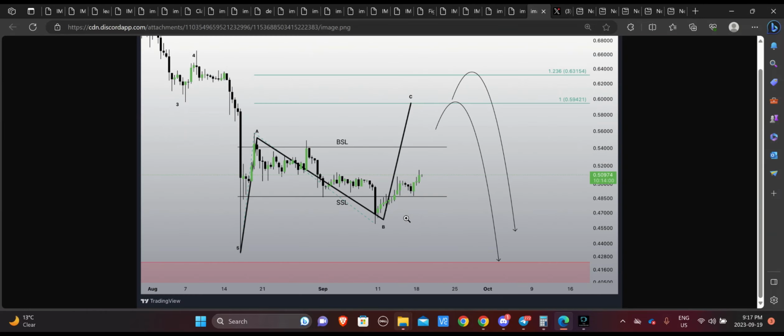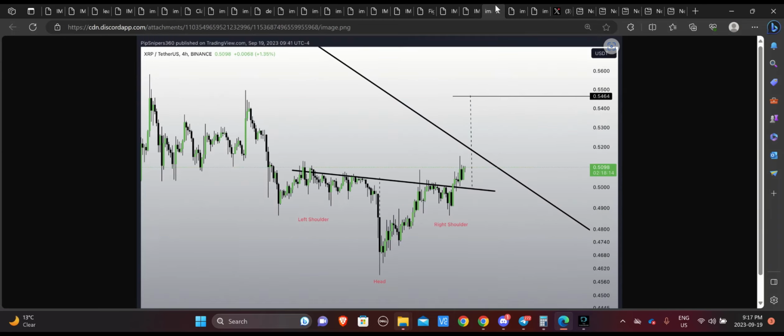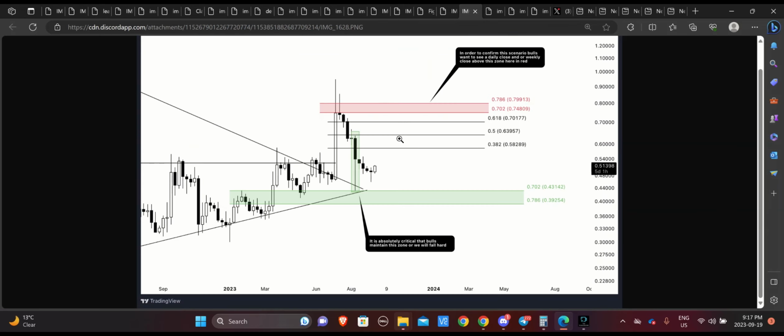And we're looking for a move higher above the range to take out all of your sell stops, okay, before we see a reversal. Now remember, XRP doesn't have to reverse at these levels. It can come up all the way to the 786 before we see some downwards movement.